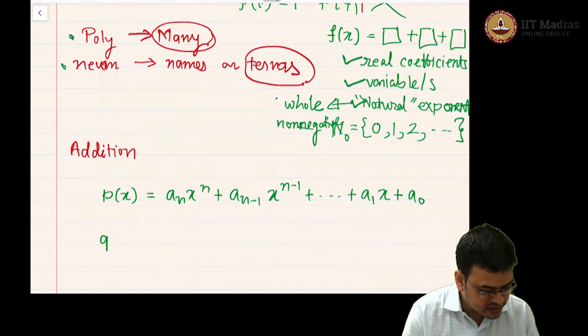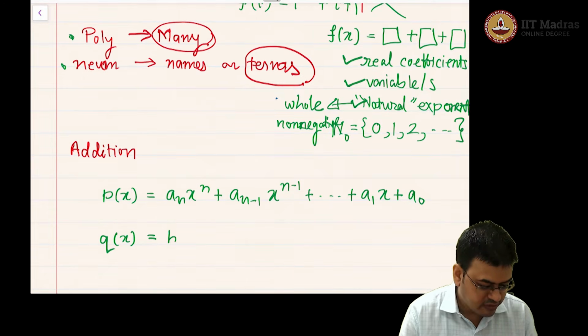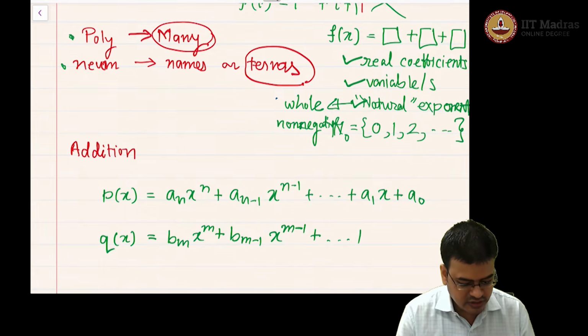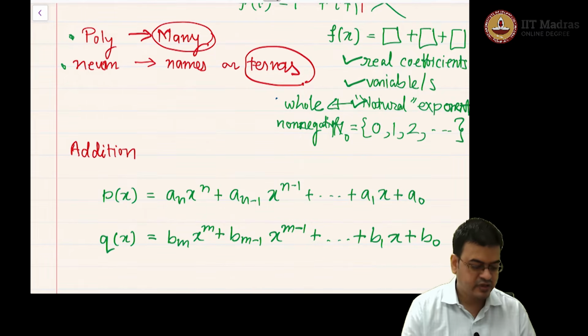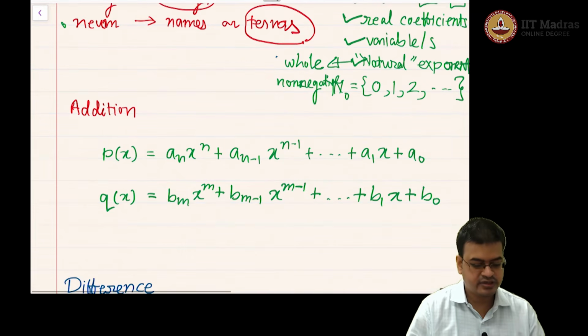And q(x) is another polynomial, which is given by b_m x^m + b_(m-1) x^(m-1) and so on, b_1 x + b_0.